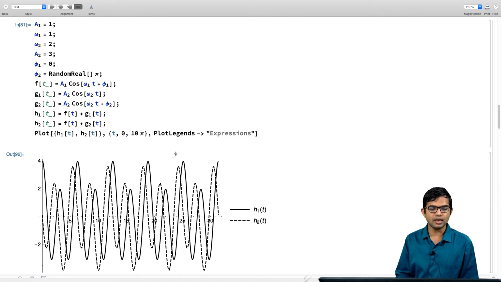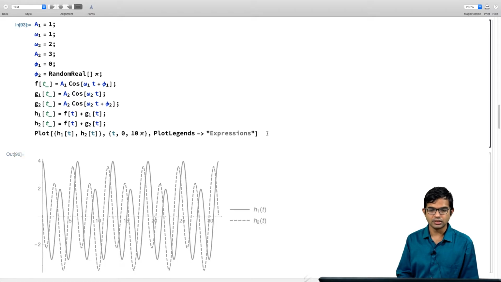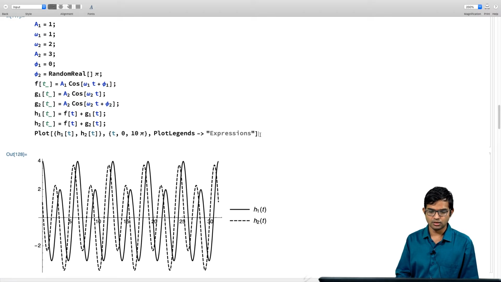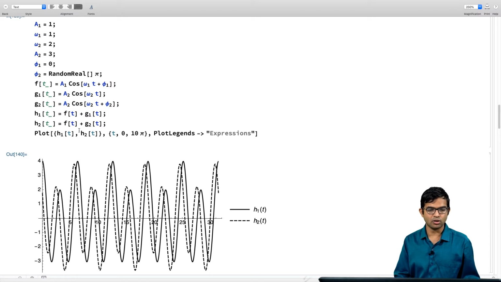So you'll see that in any case, the periodicity of this overall function is not an issue at all. You will always get a periodic function. You will get some shift because of the phase, so only some details will change, but overall it doesn't matter whether you look at h1 or h2, they're both going to turn out to be periodic, right?